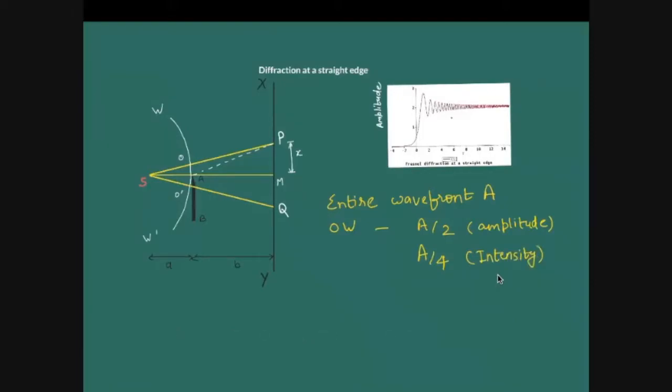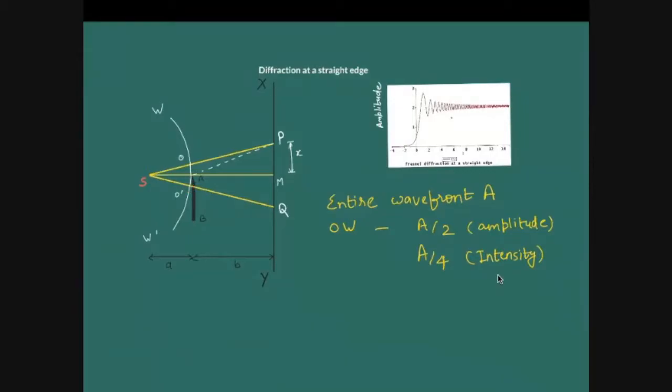Now we need to look at what will happen in the geometric shadow. In geometric shadow region, which is M onwards, I mean when we are going towards Q, you will have some zones coming in O to A, and you have another pole which we have drawn at O prime.